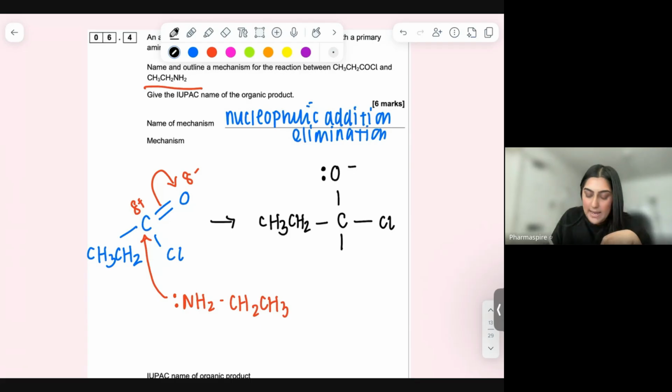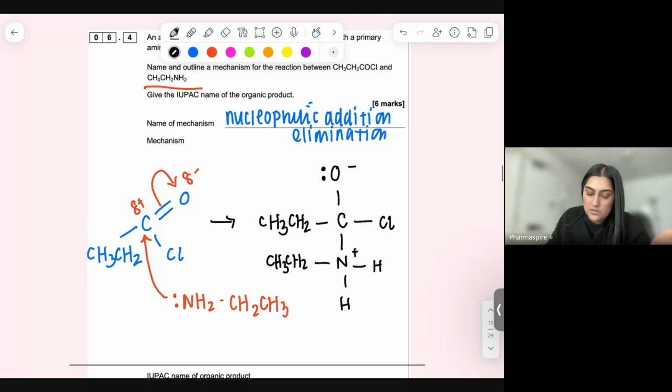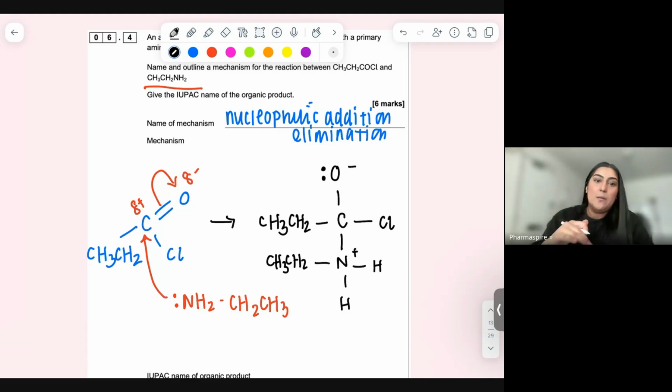Now, you have to put your NH there because that's where the lone pair was added to the carbon, right? So you have to do the NH and then CH3, CH2. Now, the N gave away its lone pair to the carbon to replenish it. So what charge does it have to have? Positive. So that's what you need to basically have the backbone of. So then we need to draw our thing. It's an amide. So what do we need to do with the oxygen?